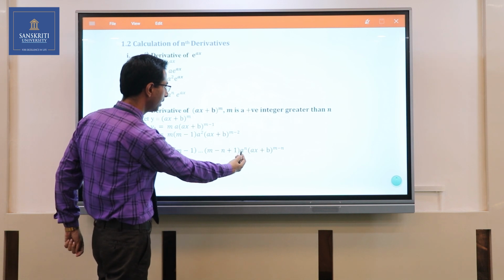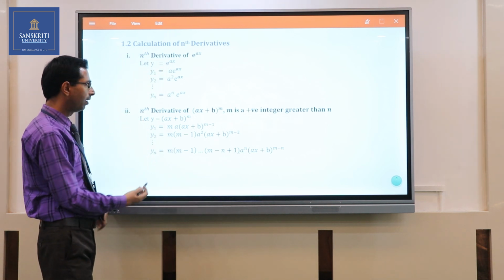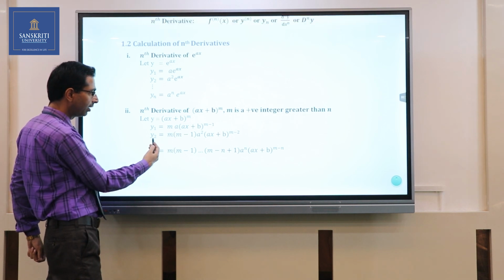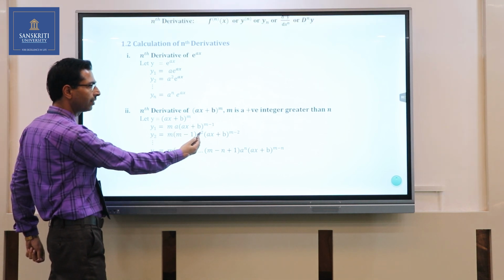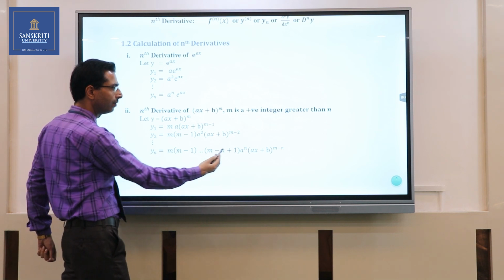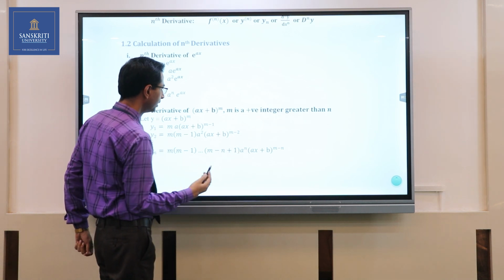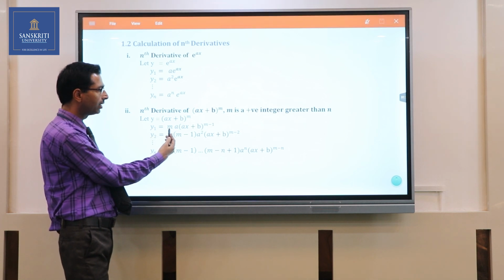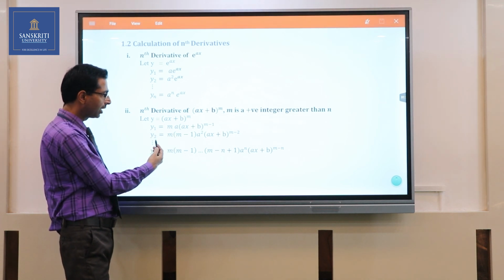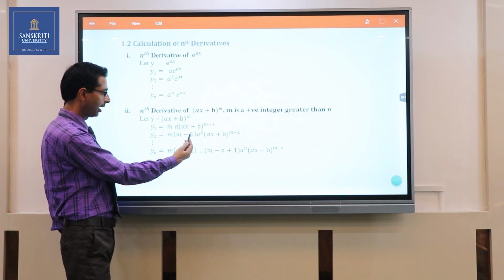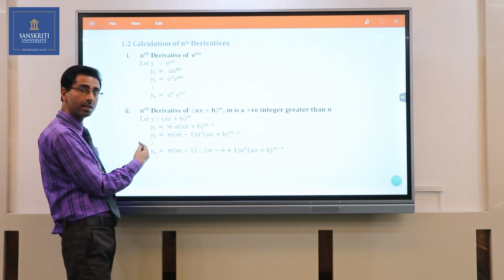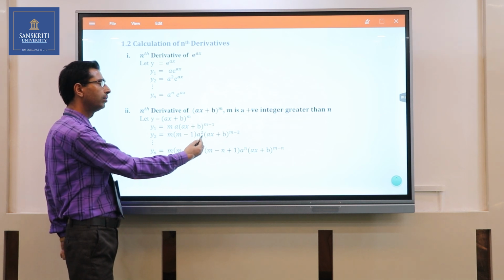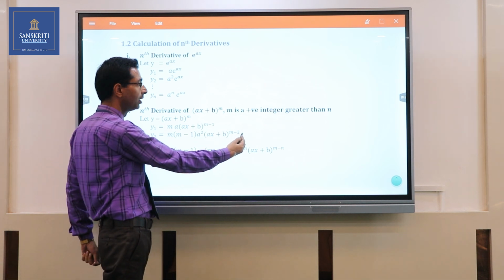And a to the power n, because in the first derivative we find the value a, in the second derivative a square, and in the nth derivative a to the power n. Similarly, in the first derivative we find the value m, in the second derivative m into m minus 1, and in the third derivative m, m minus 1, m minus 2, a cube, and ax plus b to the power m minus 3.